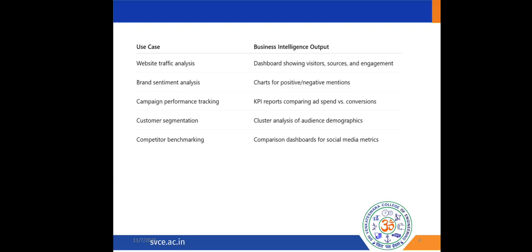Customer segmentation is the process of dividing a company's customer base into distinct groups based on shared characteristics such as demographics, behavior, needs or buying patterns. This allows businesses to create more personalized and effective marketing strategies, tailor products and services, and improve the overall customer experience by moving away from a one-size-fits-all approach.